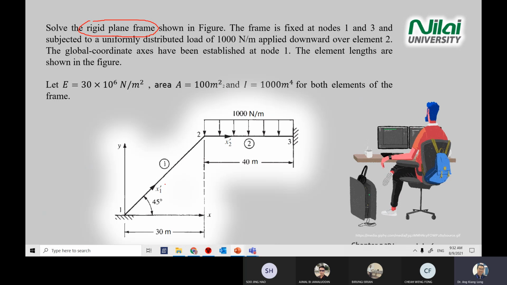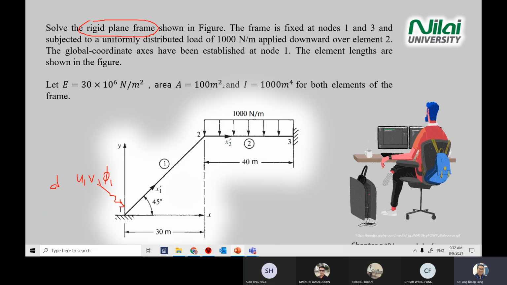So we have two elements, point 1, point 2, point 3. Before we solve, ask yourself, do you know the structure of the matrix that you expected? If you look at the words rigid plane frame, it means each point will give you 3 unknowns: U1, V1, rotation 1.